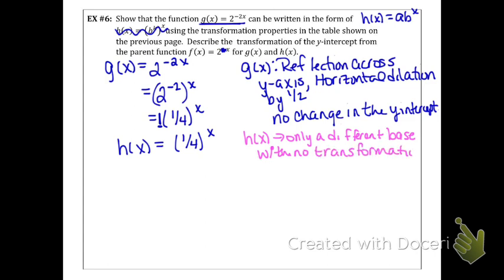It's a parent function. So the y-intercept is still 0, 1.